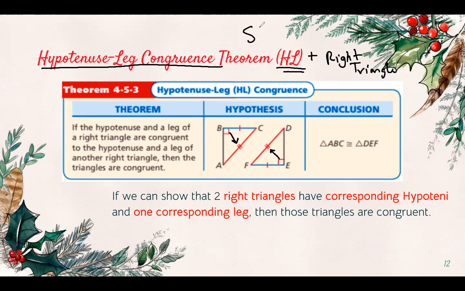Some people like to think about this as a corollary of SSS. Again, it's why it's a theorem instead of a postulate, because we can prove it by using side, side, side and the Pythagorean theorem. All right, I'm going to stop there. I don't want to get into any of those proofs necessarily.